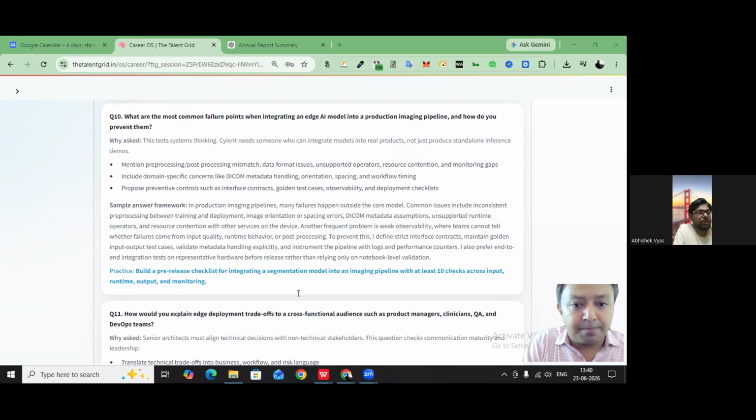Let's see. What are the most common failure points when integrating an edge AI model into a production imaging pipeline, and how do you prevent them?